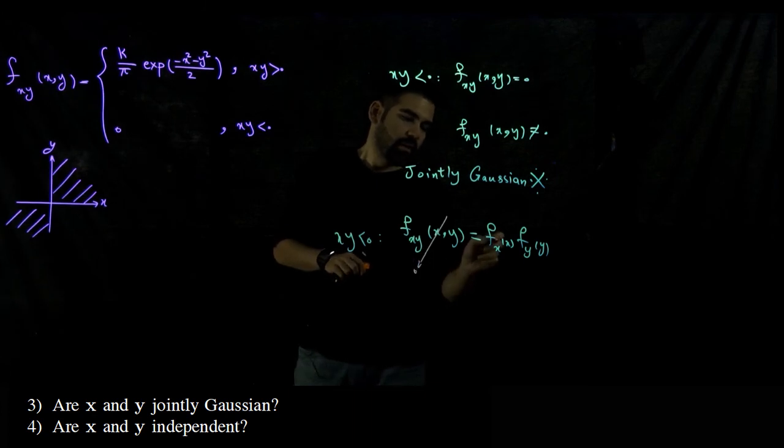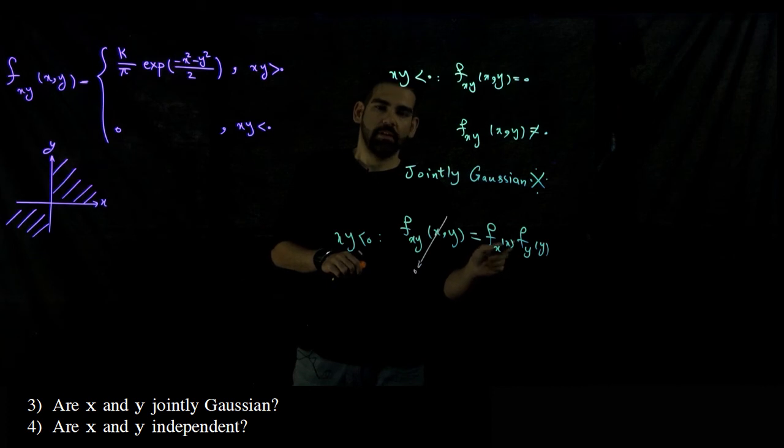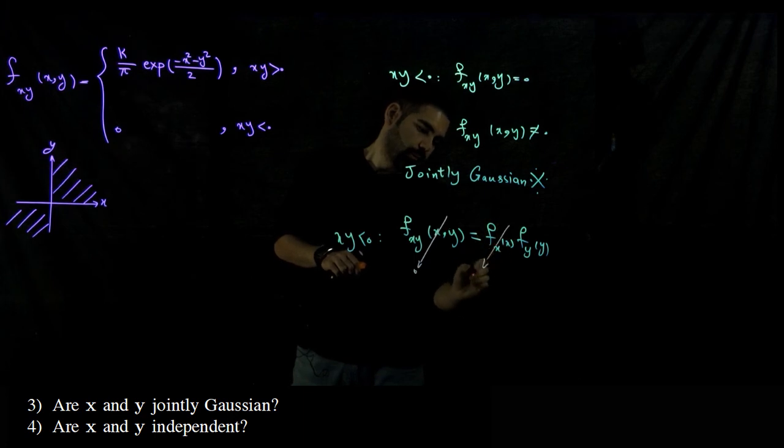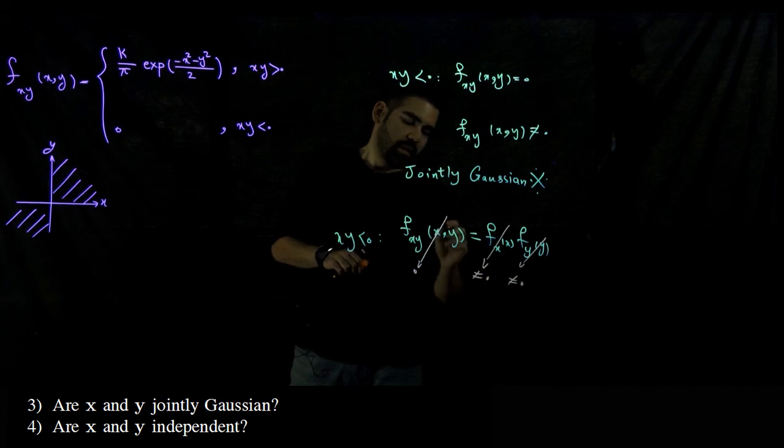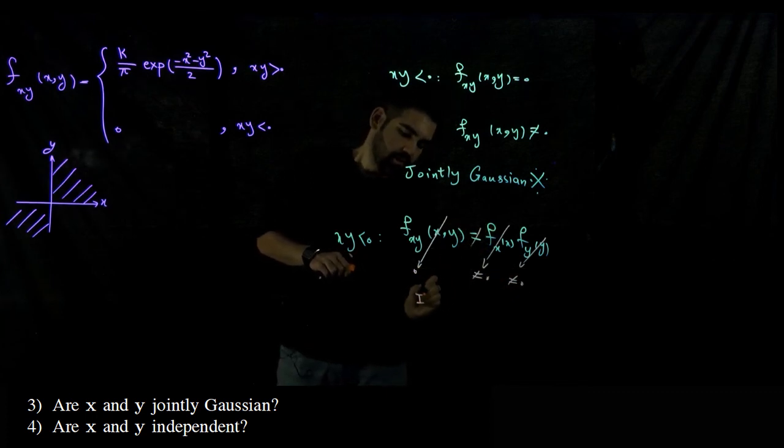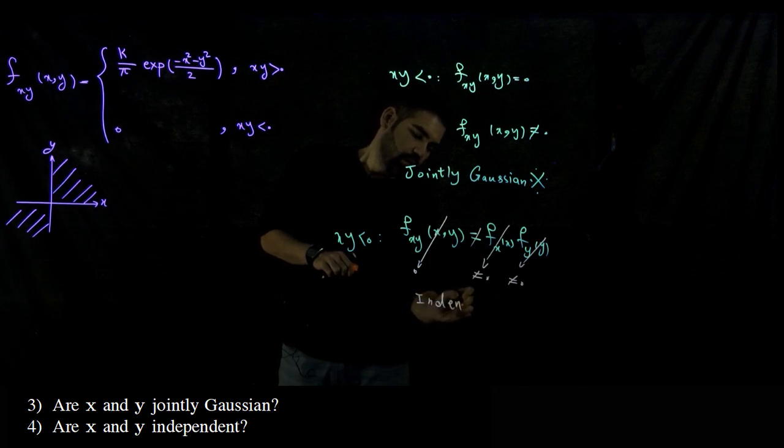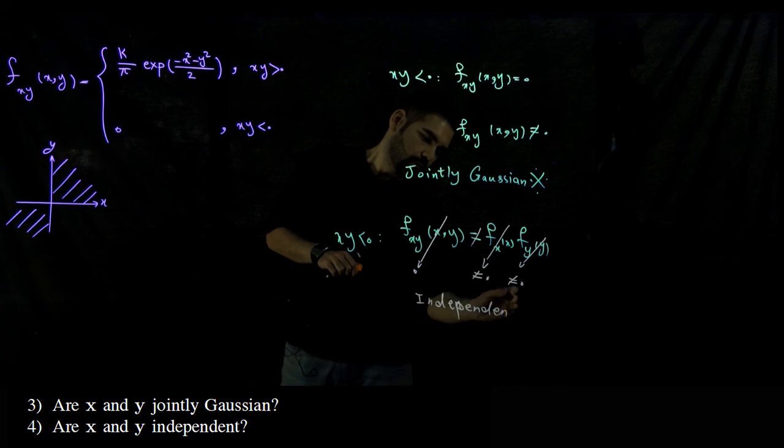But for each of the marginal PDFs, we showed in the second part of the problem that they are non-zero, and so this product is not 0, and so this does not hold. And so x and y are not independent.